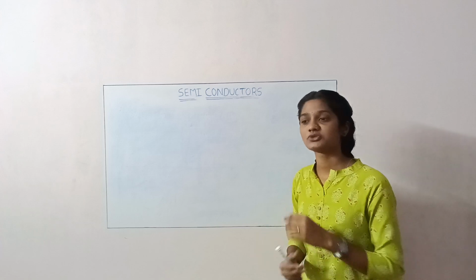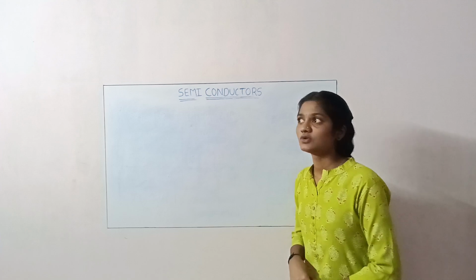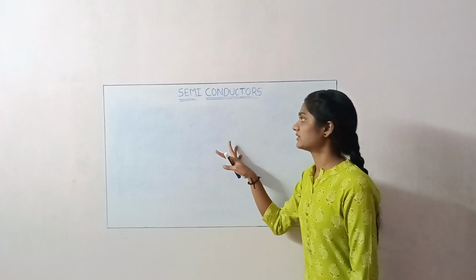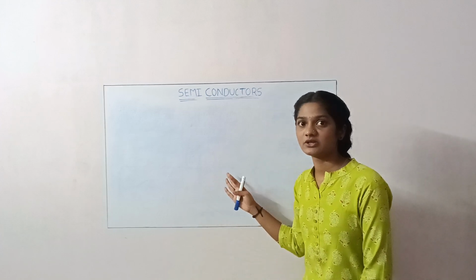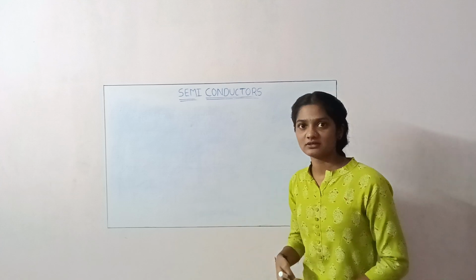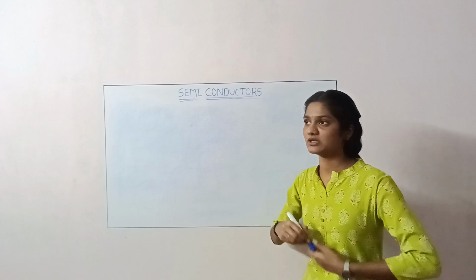In extrinsic, we have studied N type and P type semiconductors, right? So these are the basics related to semiconductors. Now we have studied the basic theory related to semiconductors. Then where we use these semiconductors and how to fabricate them, that we study now.